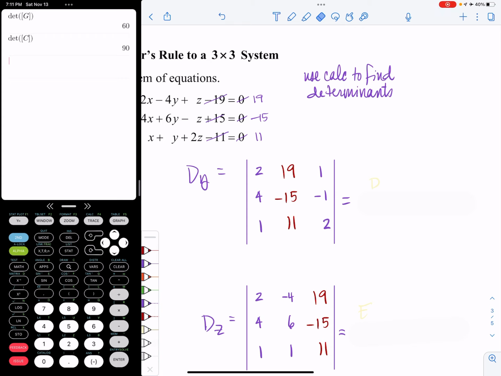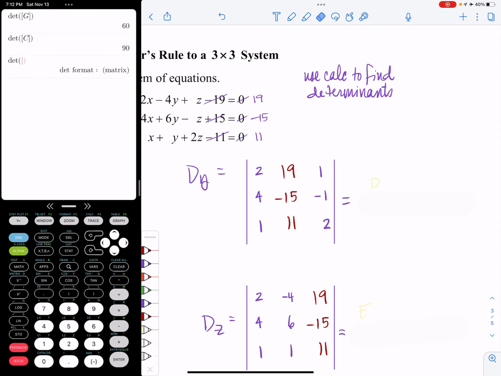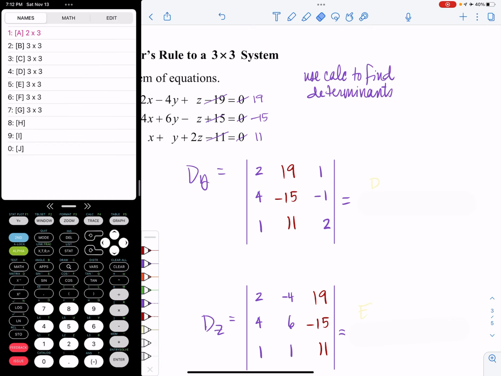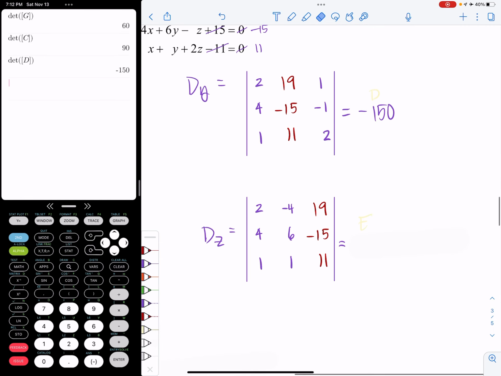So go back into the calculator, go back to the matrix menu, get the determinant, and I named mine matrix D. So it's going to be negative 150. And then lastly, do the same thing for d sub z, and you should get 360.